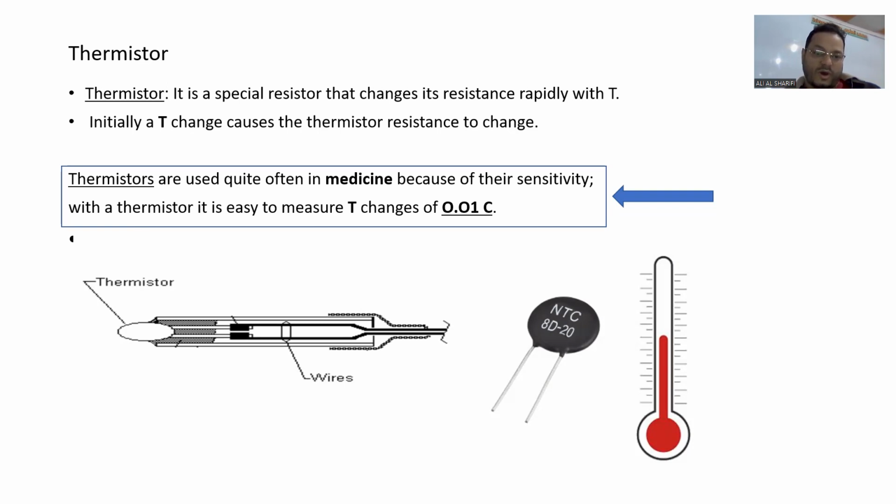Thermistors are used quite often in medicine because of their sensitivity. It can detect a very small amount of temperature change, approximately 0.01 Celsius. Here, this picture illustrates the output of this tool.